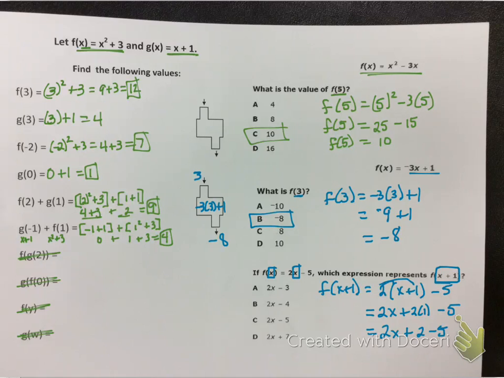The plus 2 and the minus 5 are like terms, and so they can be put together, but the 2x will stay the same. Oh, that went in a different color. So the 2x, and then 2 minus 5 makes a negative 3, so I get 2x minus 3, which is a. All right, so that should be it.